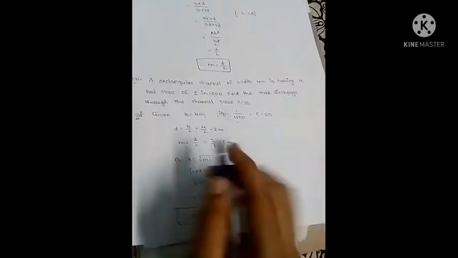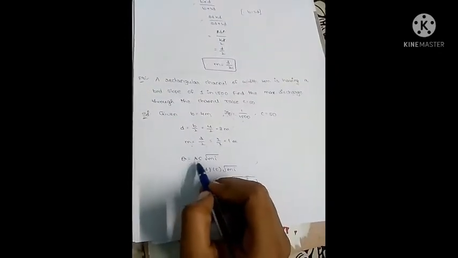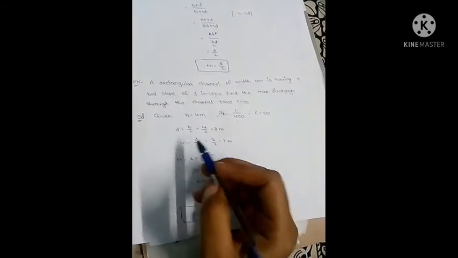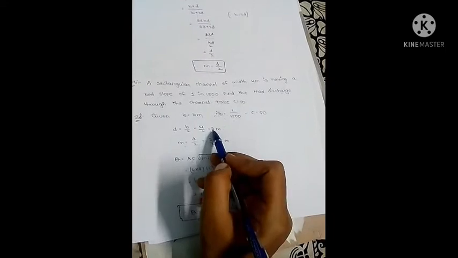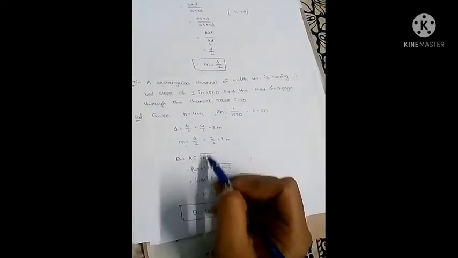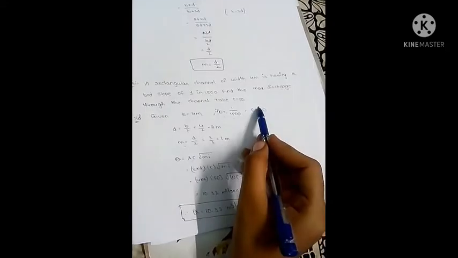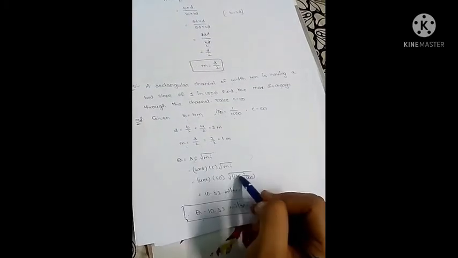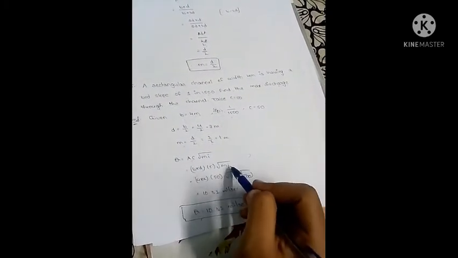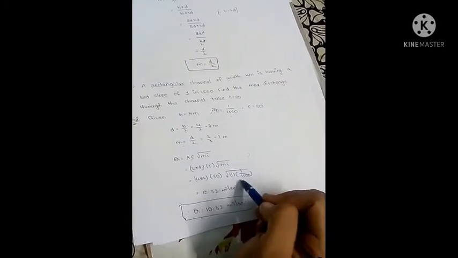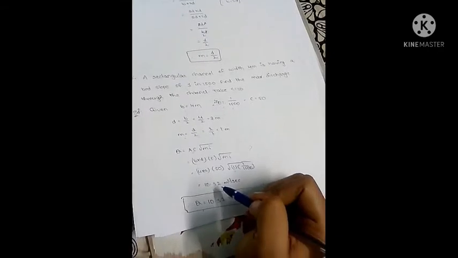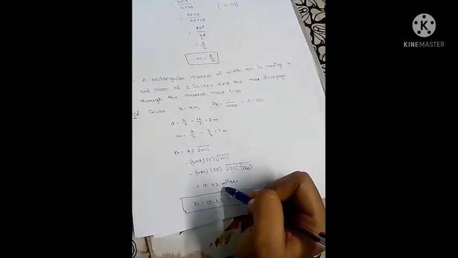Now let us substitute all these values in the discharge formula. Q is equal to A C root mi. A means b into d. Here b is 4 and d is 2, so 4 into 2. And here C is given as 50. We found the value of m is 1 and I is 1 by 1500. If we calculate all this, we get 10.32.